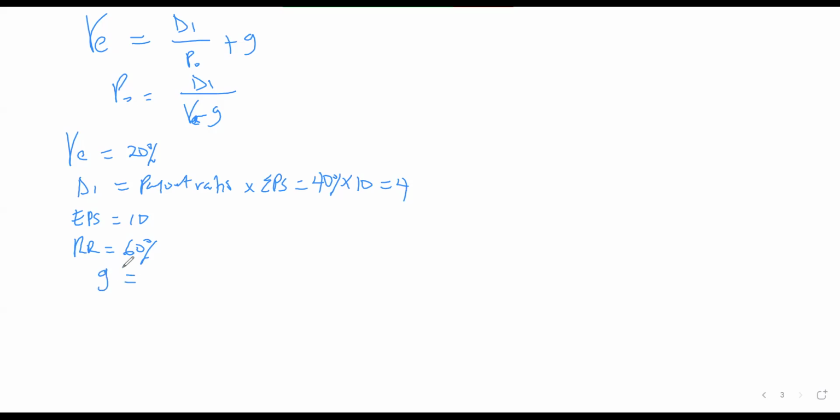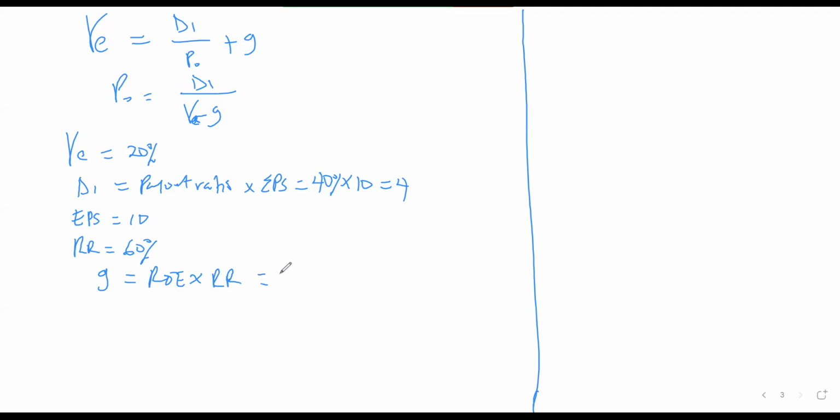What is G? Is it 7.2? Yeah, how did you get that? The ROE is 12, and then the retention ratio is 60%. Good. So I multiplied the two. Remember we said sustainable growth rate is ROE times retention ratio.